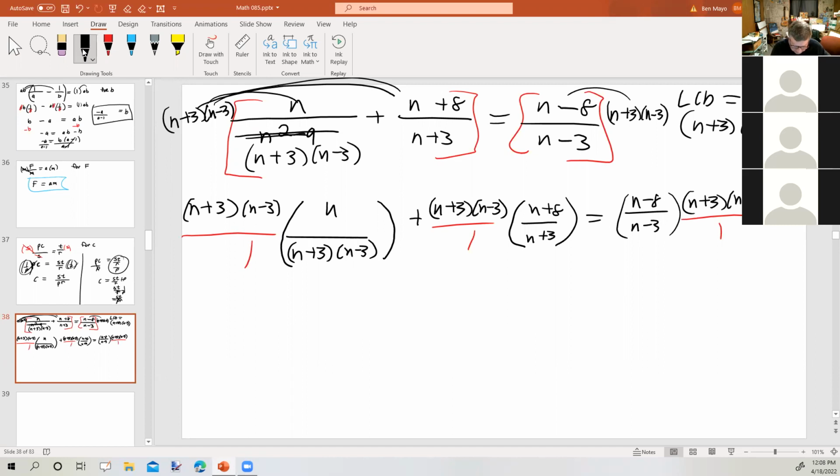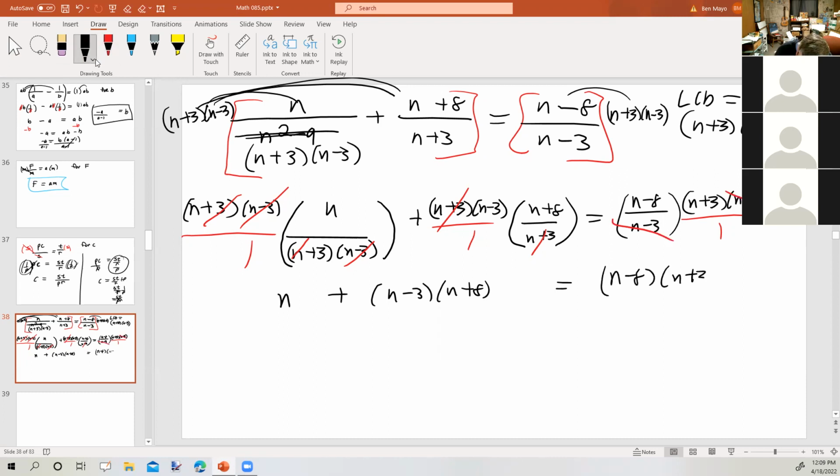Everybody else ready? Ready. Okay, so this is going to reduce out, giving us n. This is going to reduce out, giving us n minus 3 times n plus 8. And this is going to reduce out, giving us n minus 8 times n plus 3.